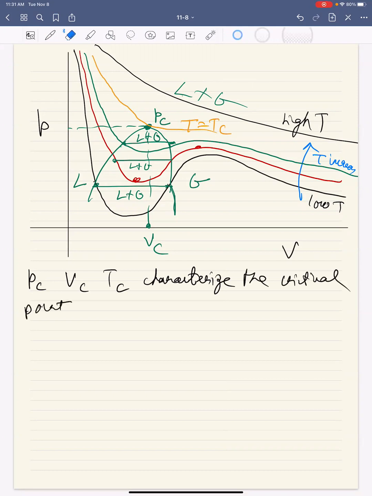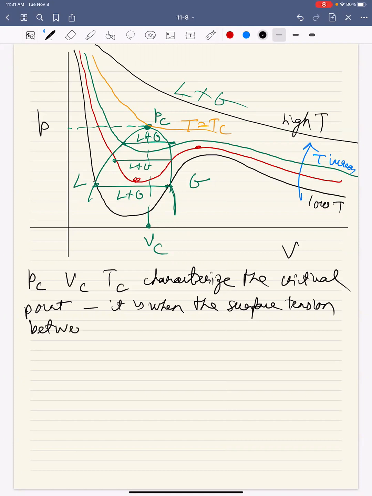It is when the surface tension, so there is no cost to create just lots of liquid in between gas, but there is also no cost to create lots of gas in between liquid. So it just goes back and forth.